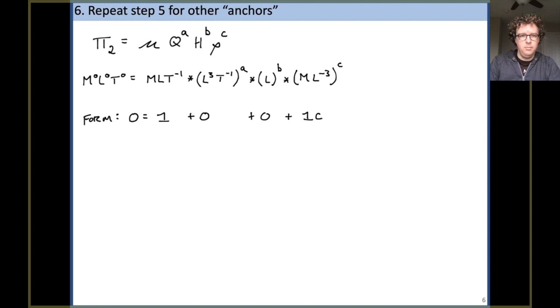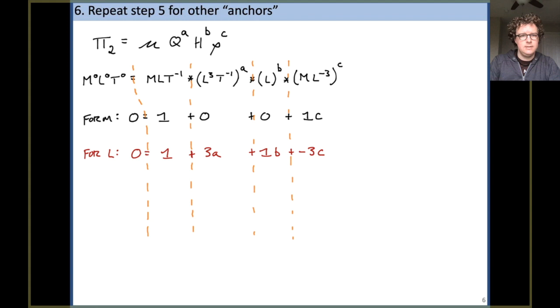And our next step then is to write out these 3 separate equations, one for mass, one for length, one for time. And again, I'll use those orange hashed lines just to help you see which terms of the equations are contributing. So there's our equation for mass, for length written in red, and for time written in green.